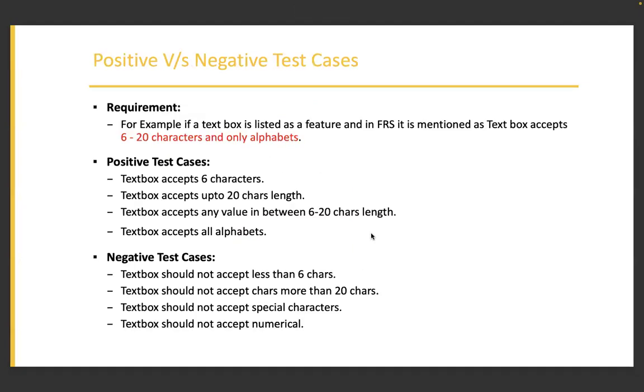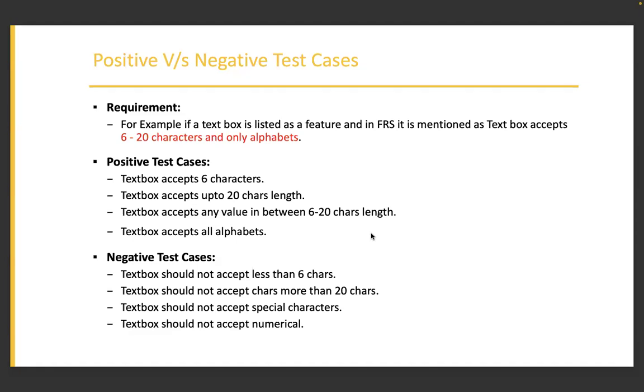Next is positive versus negative. A very simple example: if there is a text box and the feature of the text box is, let's say, that it accepts only 6 to 20 characters. Based on that requirement, what different sets of test cases can you create? The positive ones: the text box accepts 6 characters, the text box accepts up to 20 characters, the text box accepts any value between 6 and 20 characters in length. All of this comes under positive test cases.